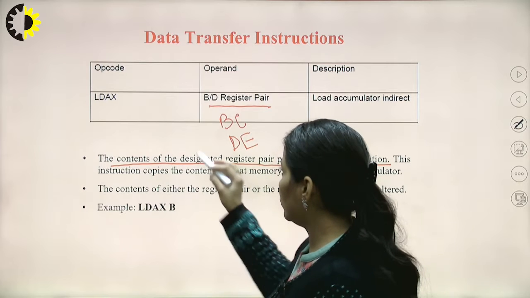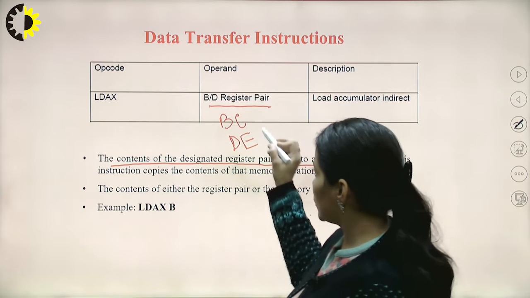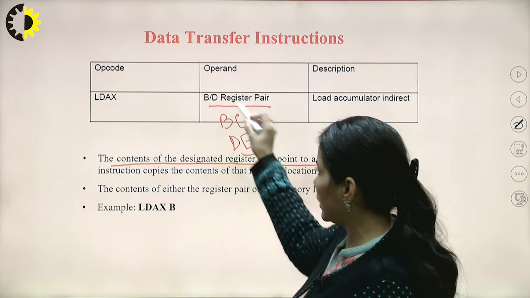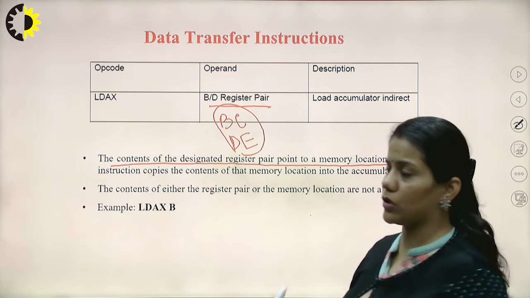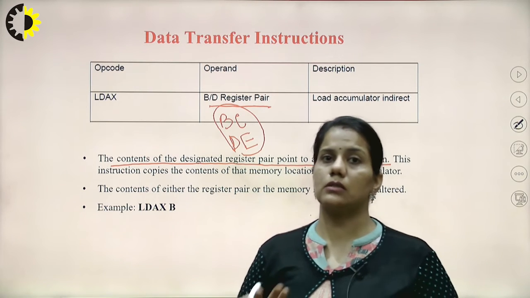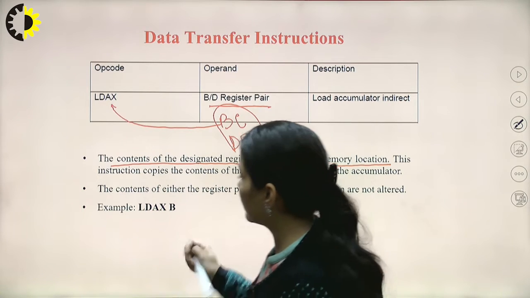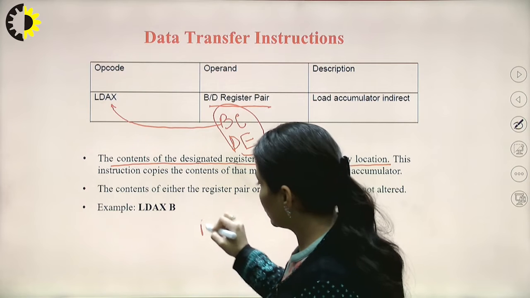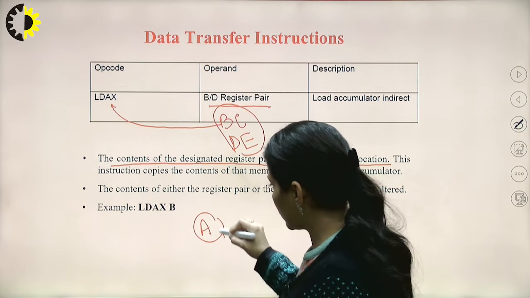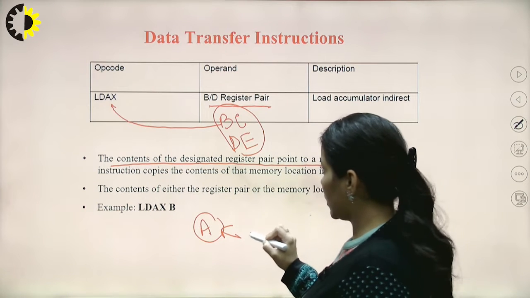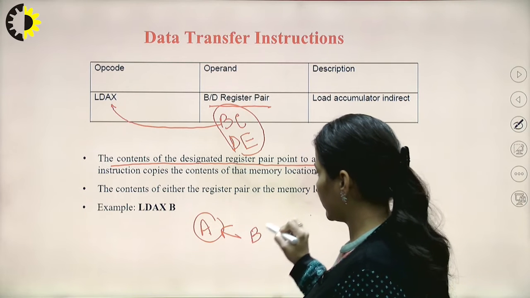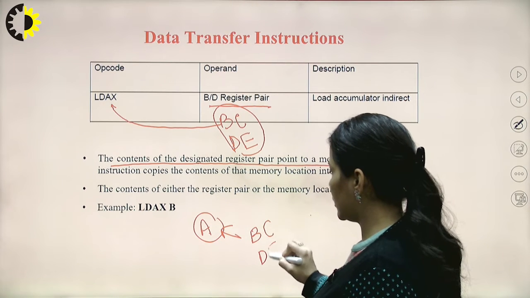And what this instruction will do is copy the contents of the memory location pointed to by the register pair contents to the accumulator. So the accumulator will store the data pointed to by the BC or DE register pair.